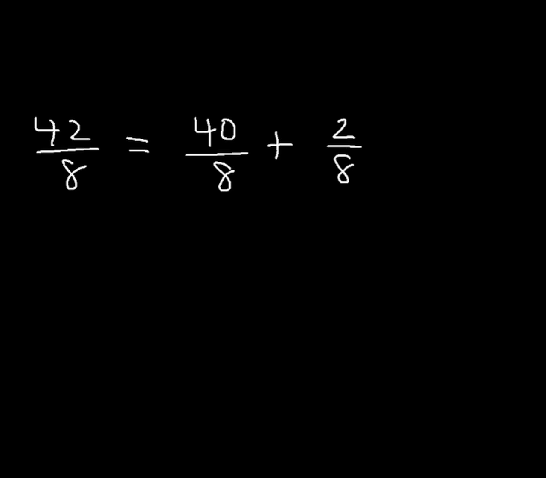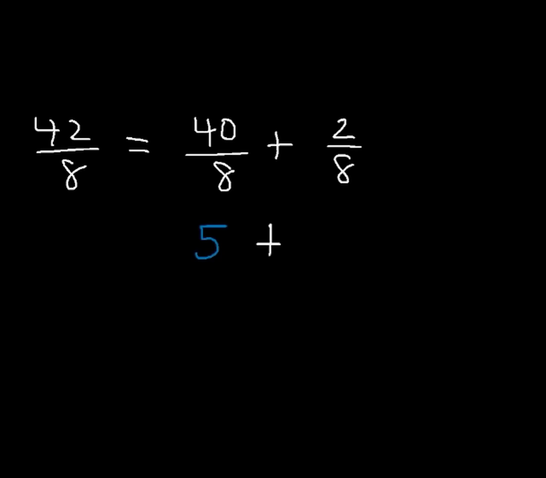The other example that we had was 42 over 8. Now the highest multiple of 8 just under 42 is 40. So you want to separate this fraction, one of which will be a multiple of 8, and the other is the remainder. 42 minus 40 is 2, so 2 is the remainder. Now 8 goes into 40 5 times, or 40 divided by 8 is 5.